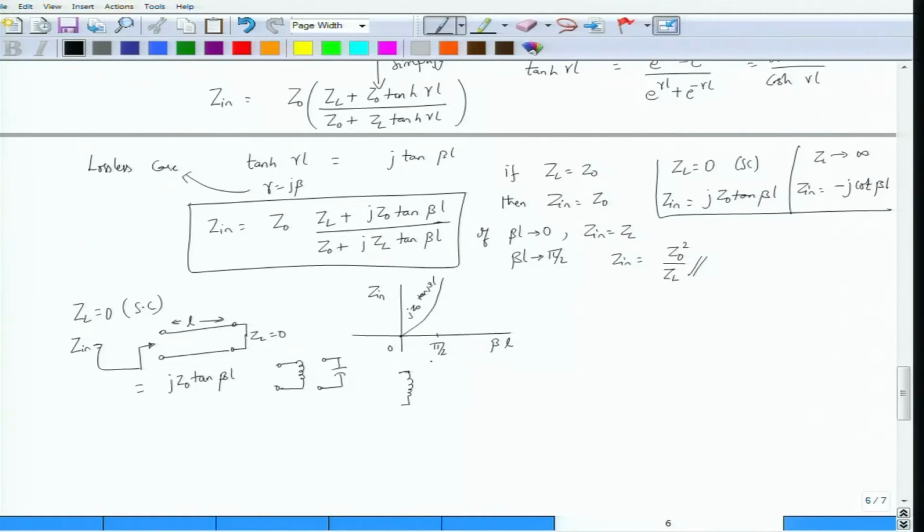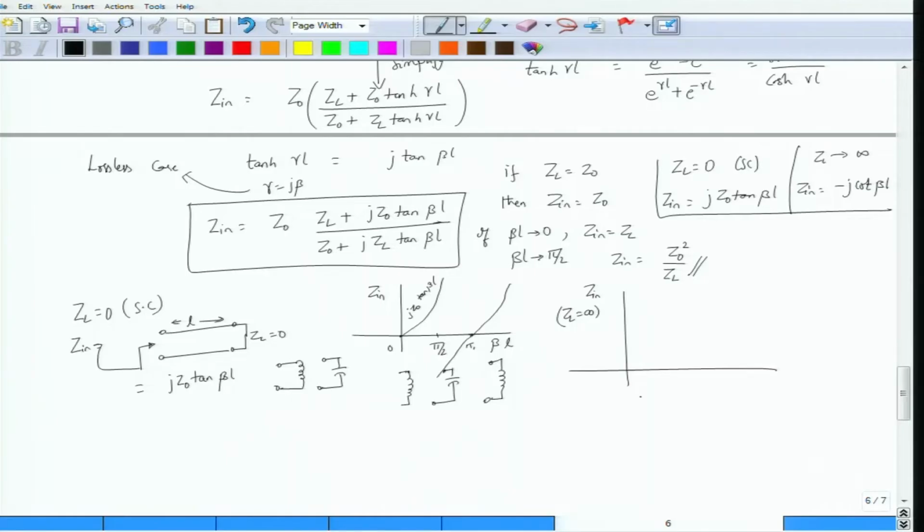At π/2, however, beyond this up to π, you have this kind of behavior. So in this region your input impedance looks like a capacitor, so the load looks like a capacitor. Here again the load looks like an inductor. A similar thing would happen when you consider Zin for ZL equal to infinity, that is for open circuit. In this case it would change slightly.